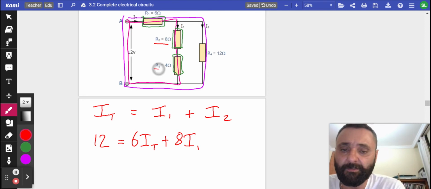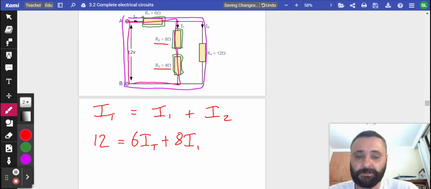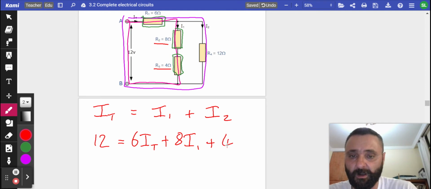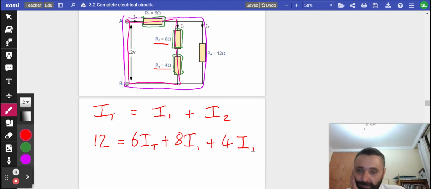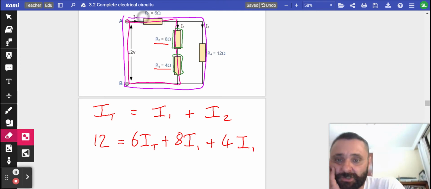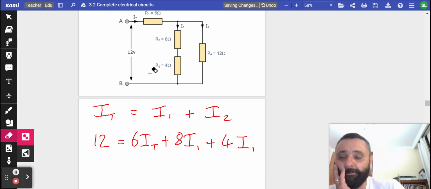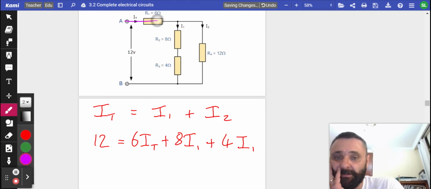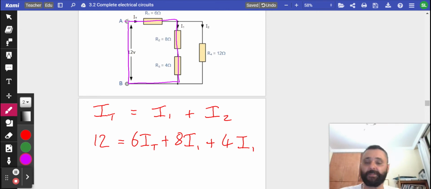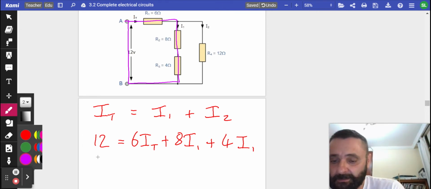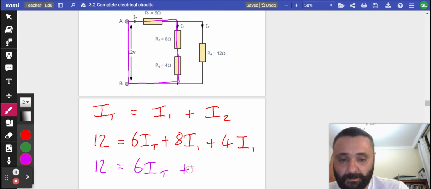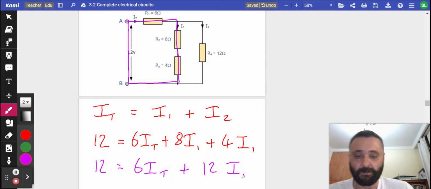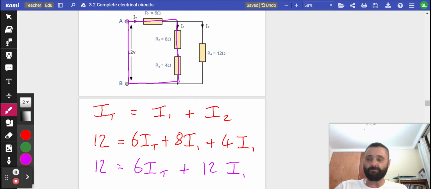And for R3, we've got 4 ohms, and the current again is I1. This is just for the first loop here. We can tidy this up a little bit. 12 equals 6 IT plus 12 I1. So there's loop number 1.